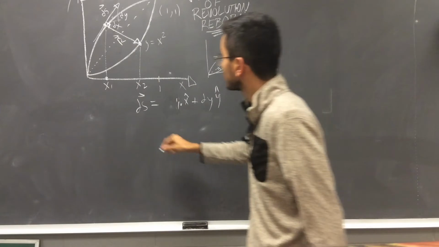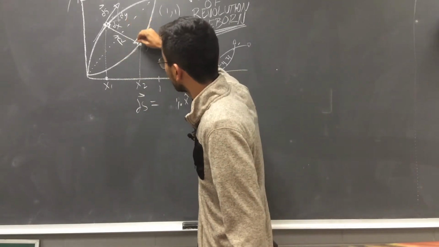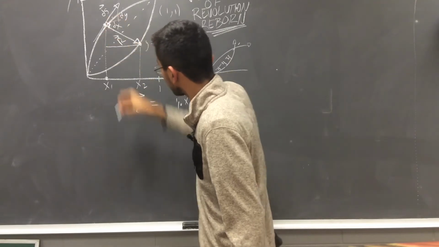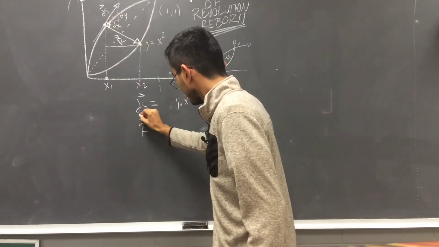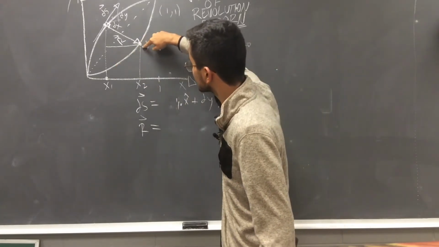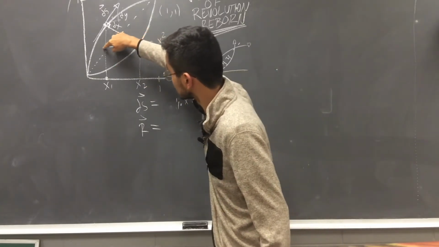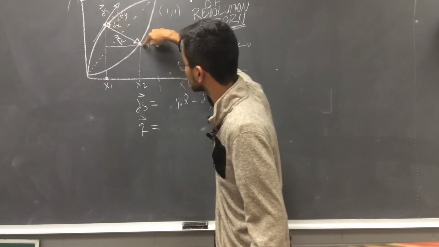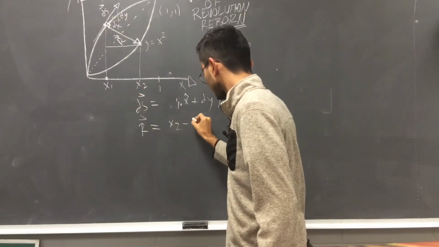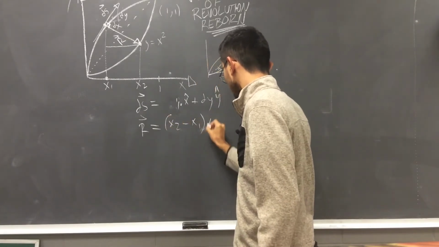So we're going to go ahead and define the components of this vector. So we have the x component and the y component. So r is going to be, the x component is going to be this minus this, right? So this x coordinate minus this x coordinate. So x2 minus x1, x hat.